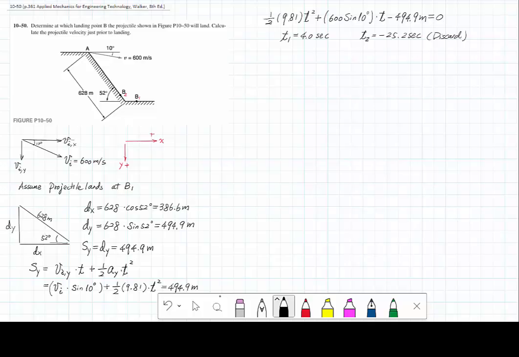Once we got this, we can find out the x direction displacement with it. So the x direction displacement for the projectile motion. Remember, in the x direction we don't have any air resistance, so there's no acceleration or deceleration there. We're using the constant velocity, which should equal the initial velocity in the x direction times time.